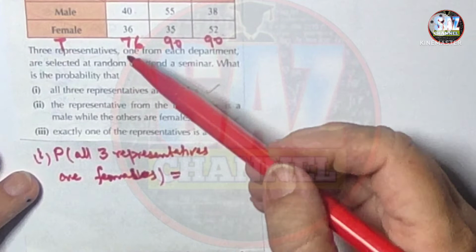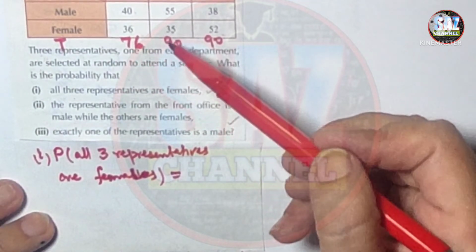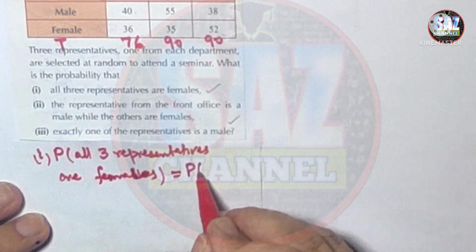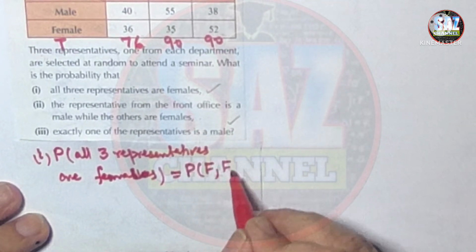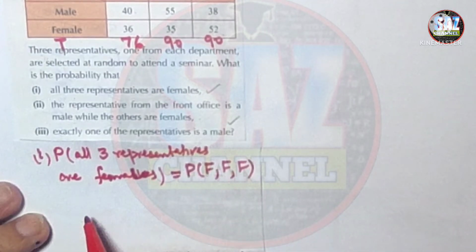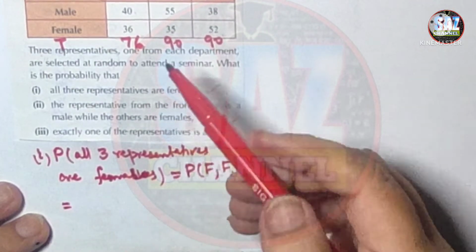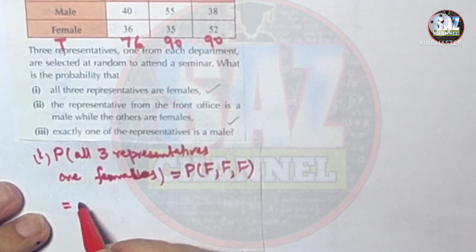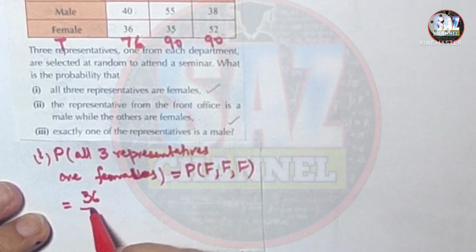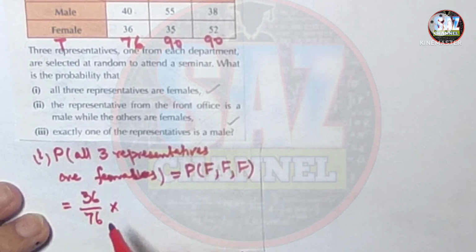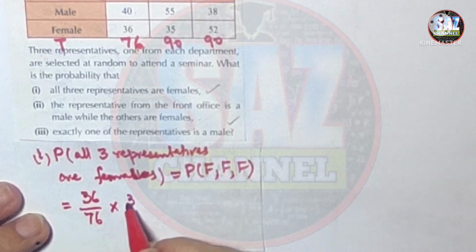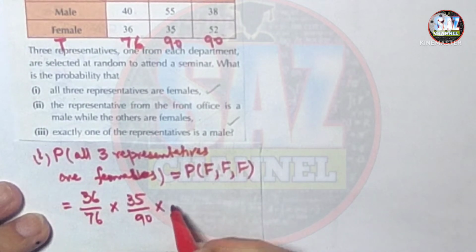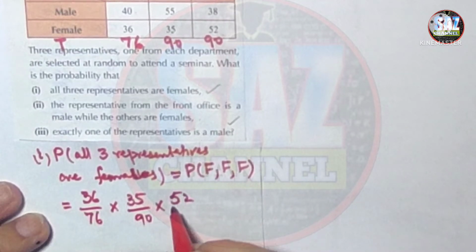That we have to select the female from the front office, from the middle office, and from the back office. So it means the probability of female multiplied by female multiplied by female. Looking at the data, from the front office the choices of the female are 36 by the total 76, multiplied by the middle office 35 by 90, and the back office 52 by 90.